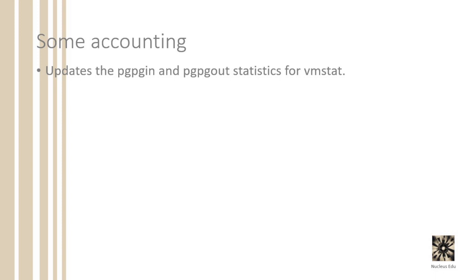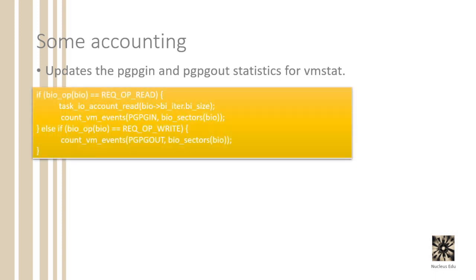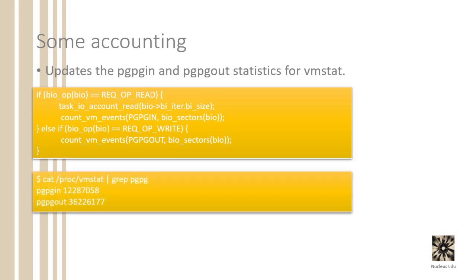So these are pages read from the disk and written to the memory and vice versa. If you look at the code, this is the piece of code which does it. And if you want to get the numbers from a live running Linux system, this is the command and this is how it should look.